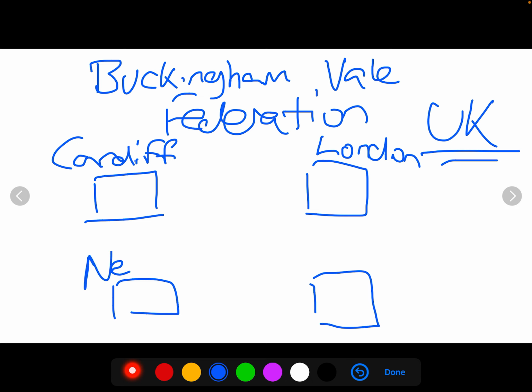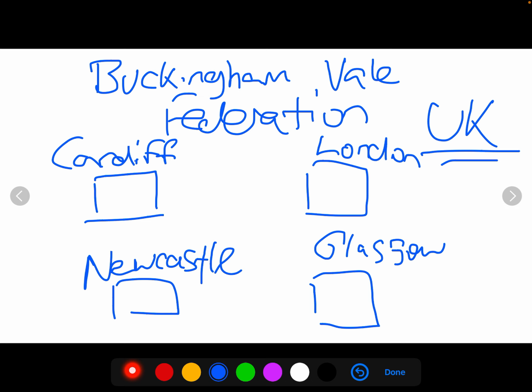I love Newcastle. We need one more city in the UK. London, Cardiff, Newcastle. I'm going to add one more city, so we can have Glasgow, Scotland. So here we've got four schools that belong to this federation of schools.